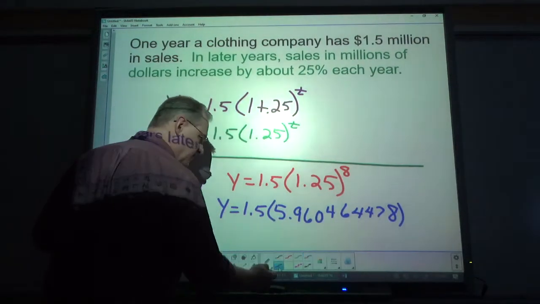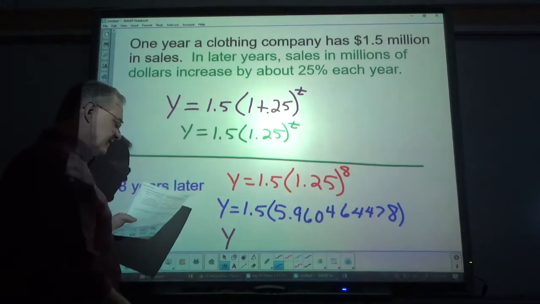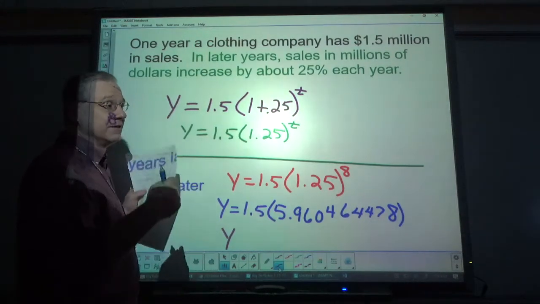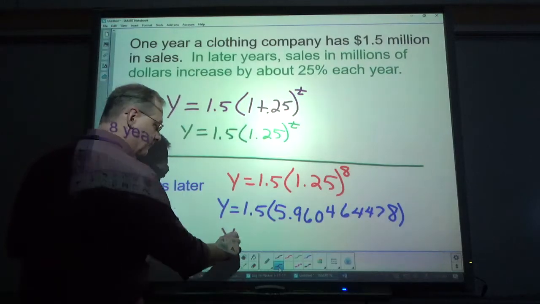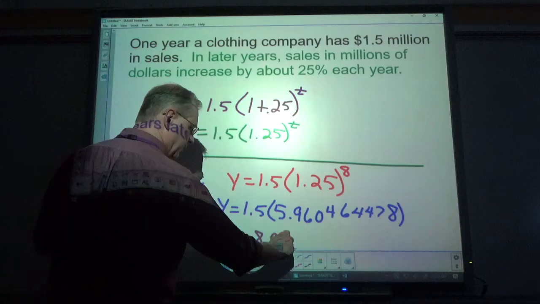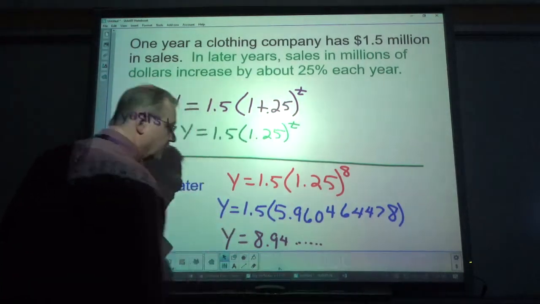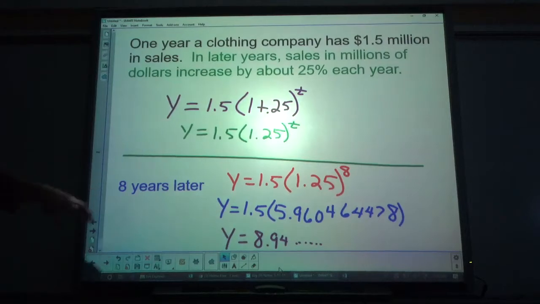That times 1.5. Now I'm going to round the final answer, but truly, the full answer is more accurate. 8.94, and the decimals keep going, in millions of dollars. So the sales after 8 years would be $8.94 million if this holds true.